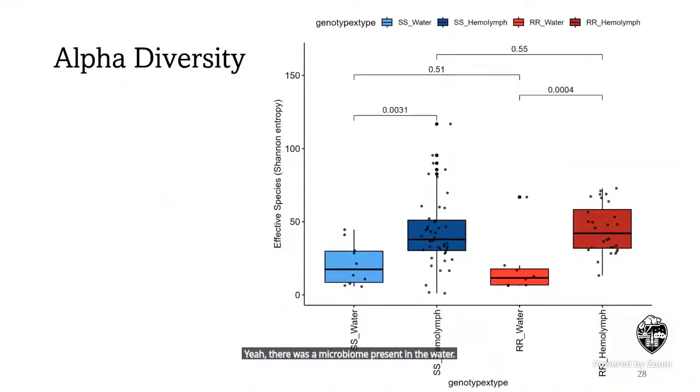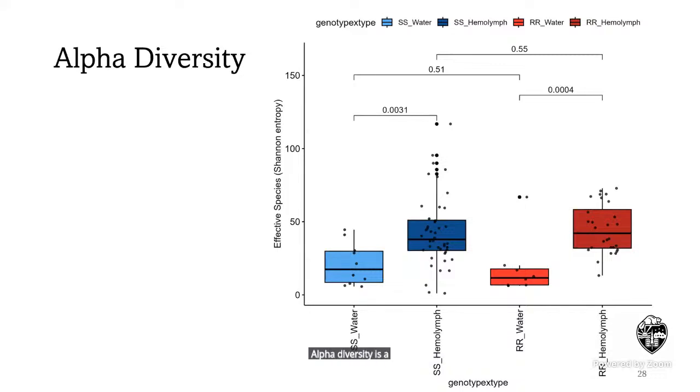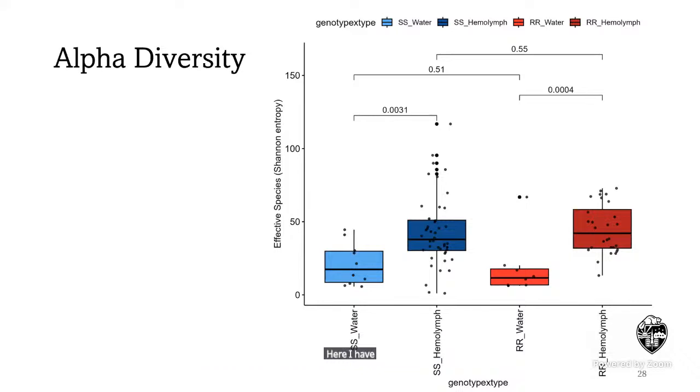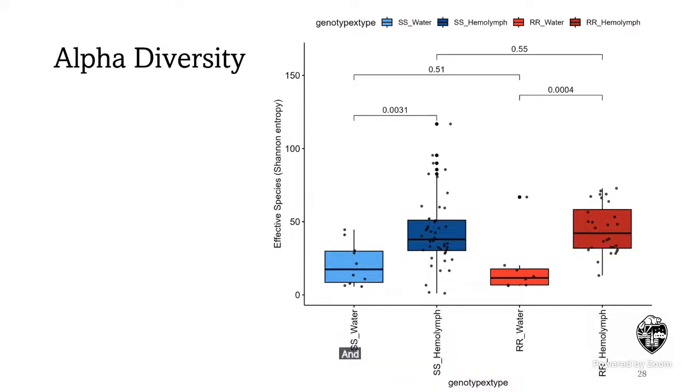Next, I analyzed alpha diversity of my microbiome samples. Alpha diversity is a measure of biodiversity within a sample, okay? So it looks at both bacterial richness and the evenness of the abundance of those bacteria. Here I have alpha diversity quantified as effective species using the Shannon entropy index shown on the y-axis. And then I have my different treatment comparisons shown on the x-axis.